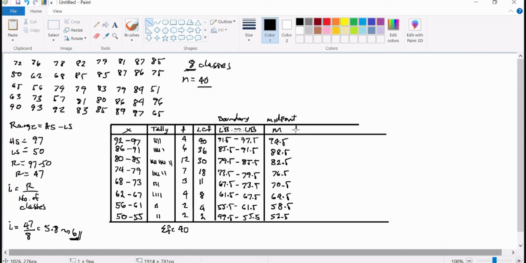Okay, after the midpoint, we can now get our F times M, frequency times M. Get your midpoint, multiply by the frequency over here. Okay, please do that.